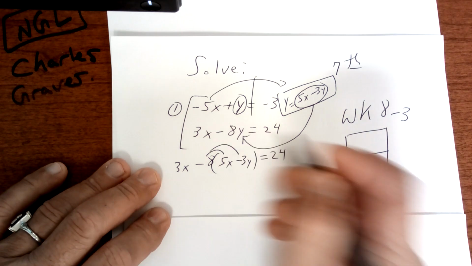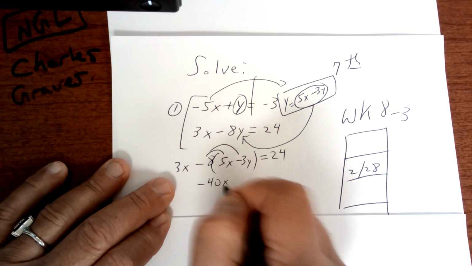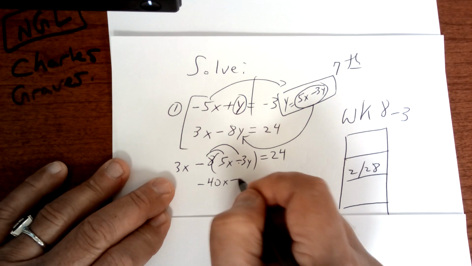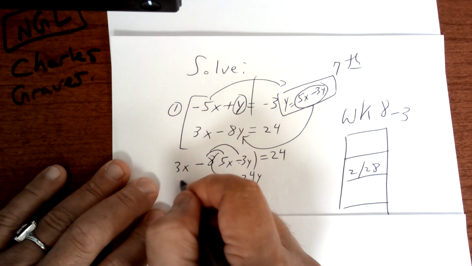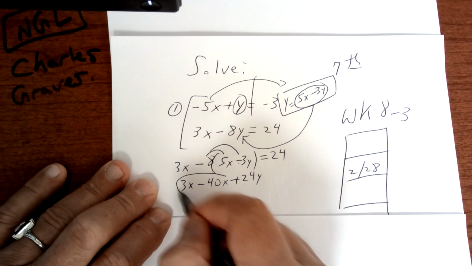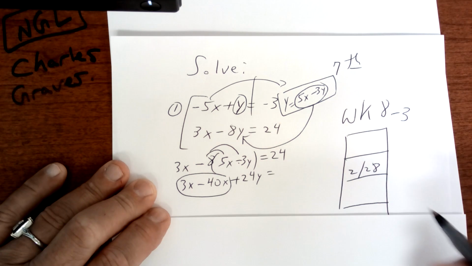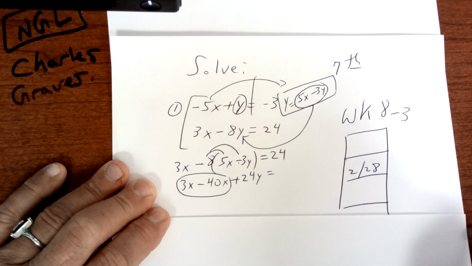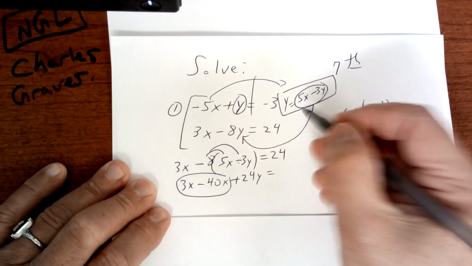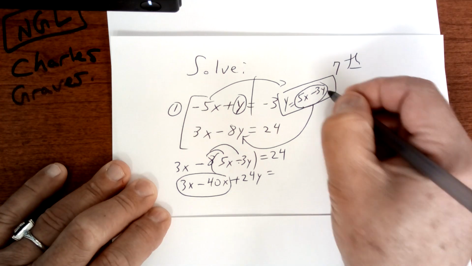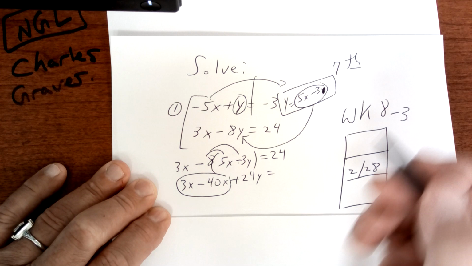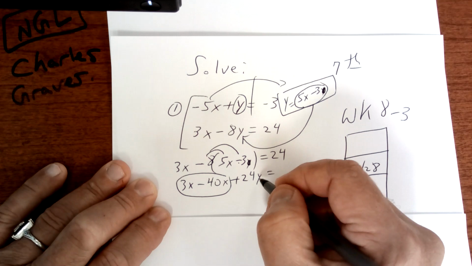So that's going to be a -40x, and that's going to be a +24y. You're going to add up your x's here, and let's see what happens. Okay, so this should be 5x minus 3. So 5x minus 3 is going to give you +24.